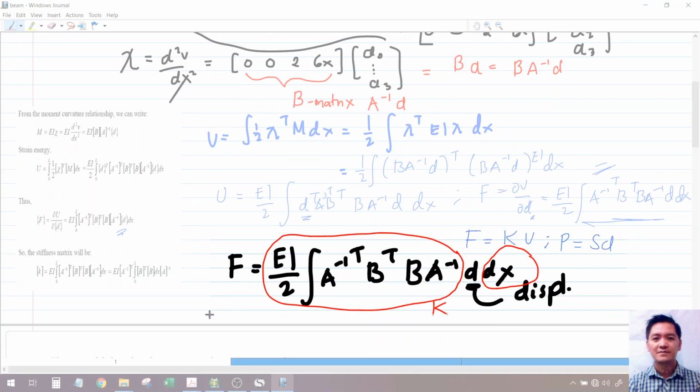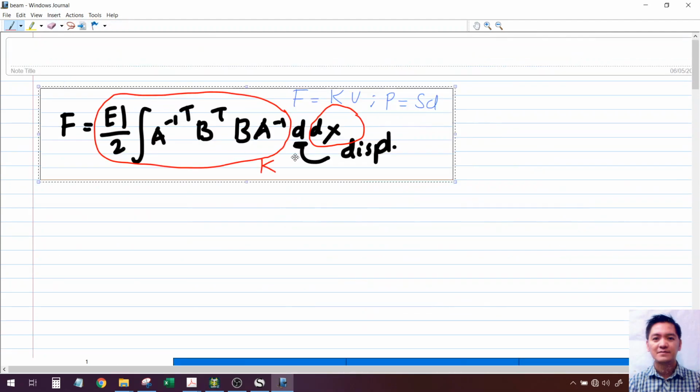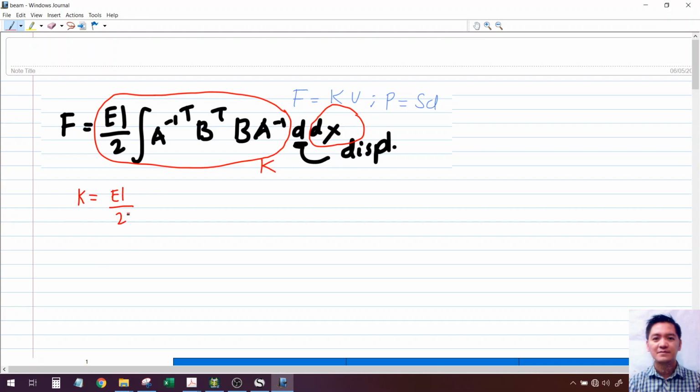So, copy ko lahat to. New page. Okay, ulitin natin. Therefore, K is equal to EI over 2 integral of A inverse transpose B transpose B A inverse dx. Okay, which is consistent with this.